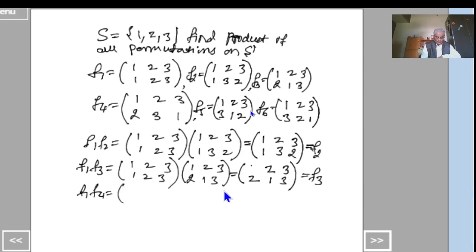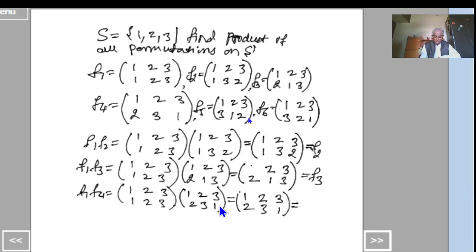Next F1, F4. F1 is 1, 2, 3, 1, 2, 3. F4 is 1, 2, 3, 2, 3, 1. Here 1 goes to 1, then 1 goes to 2, so finally 1 goes to 2. 2 goes to 2, then 2 goes to 3, so finally 2 goes to 3. 3 goes to 3, then 3 goes to 1, so finally 3 goes to 1.